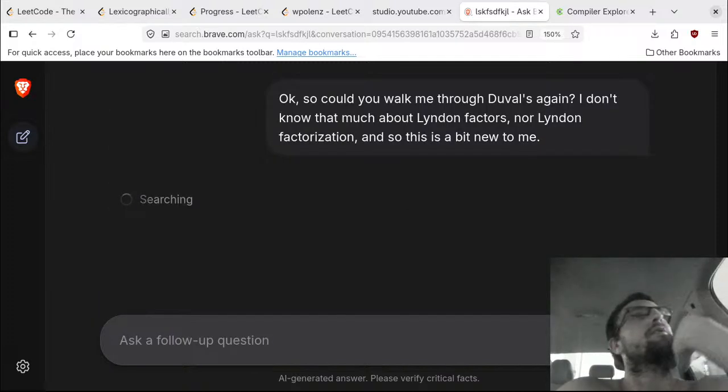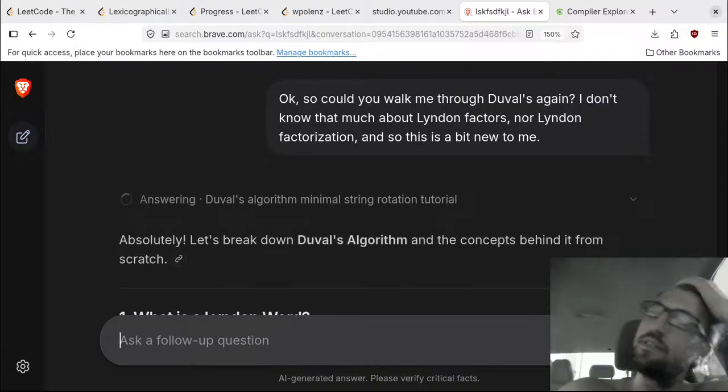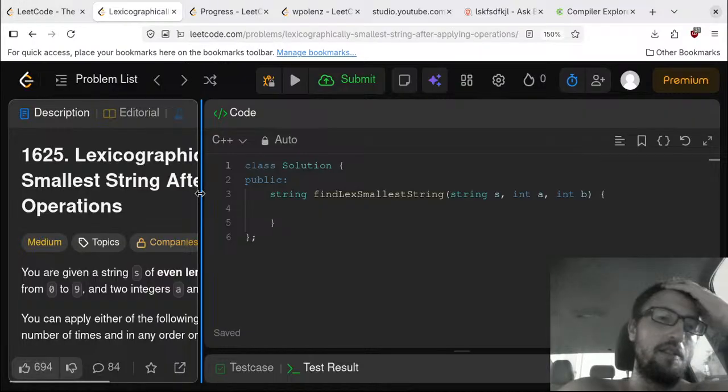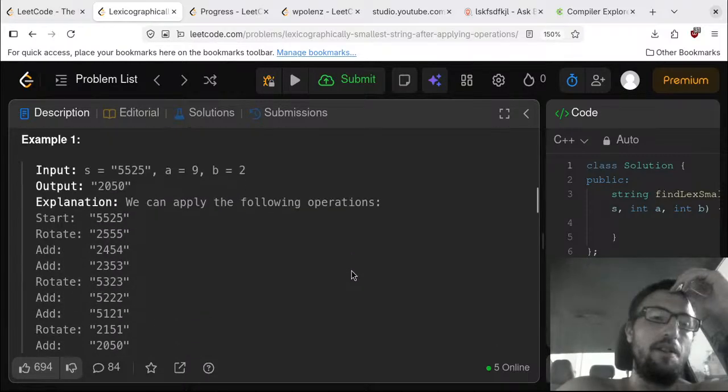So yeah, depending on whether or not B is odd or even, like I said, there could be at most 10 or at most 100 different strings to consider.